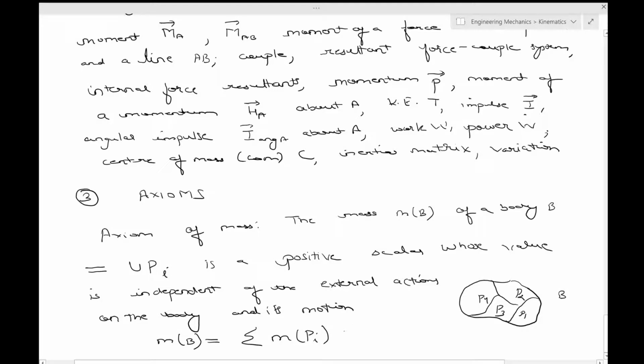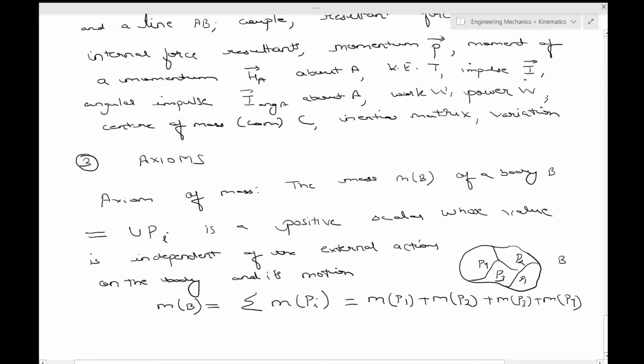Okay, so that means that it will be sum of mass of part 1 plus mass of part 2 plus mass of part 3 plus mass of part 4. Okay, so this is how the mass is defined. The axiom of mass is defined.